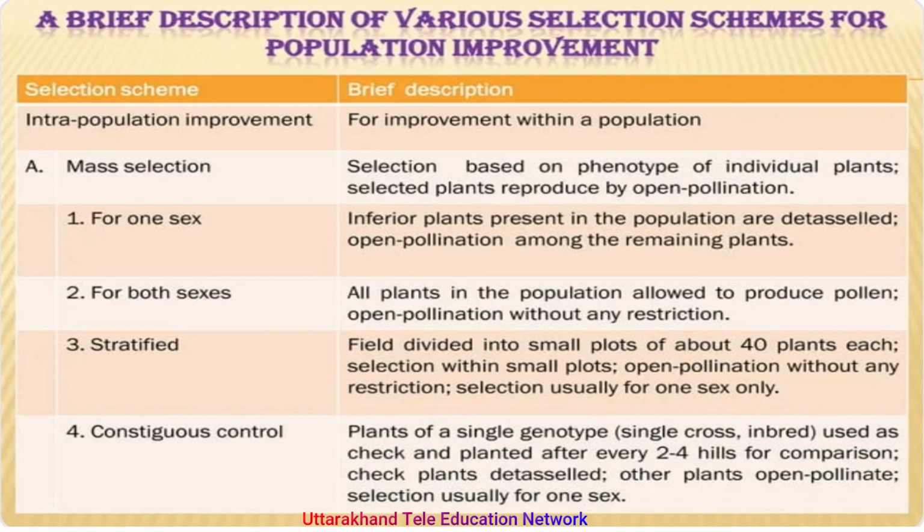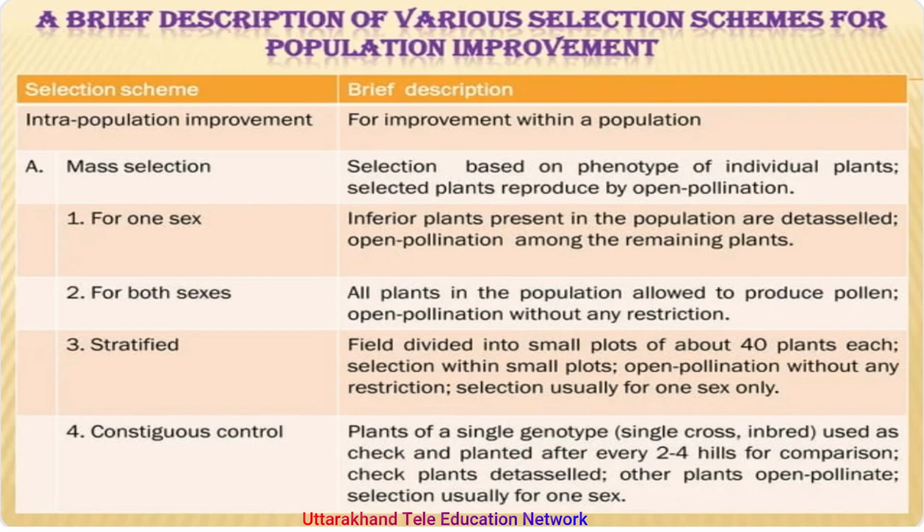For one sex, inferior plants present in the population are deleted, with open pollination among the remaining plants. For bisexual plants, all plants in the population are allowed to produce pollen, open pollination without any restriction.